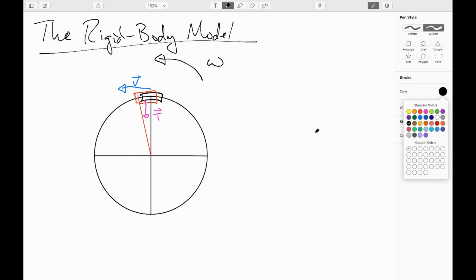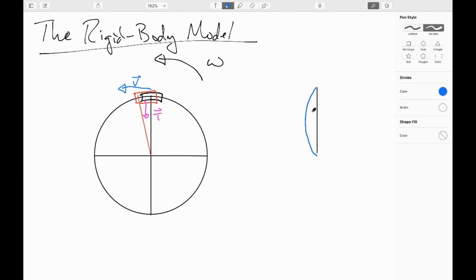When you mash down on the wheel, what's going to happen to your spoke is that instead of your spoke being a nice straight line, like so, when you start mashing down, because this bit up here hasn't gotten the memo yet, you're actually going to deform the spoke into a bit of a curve.